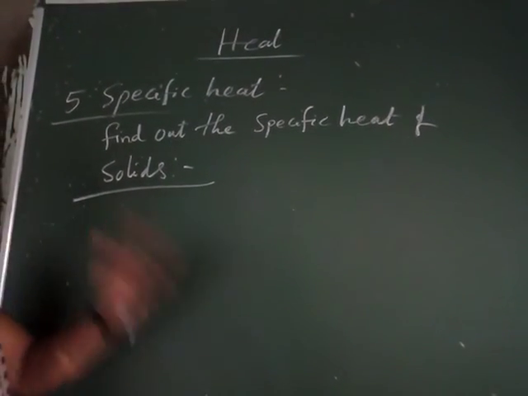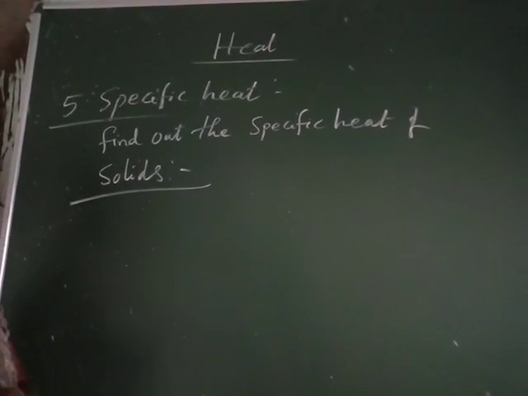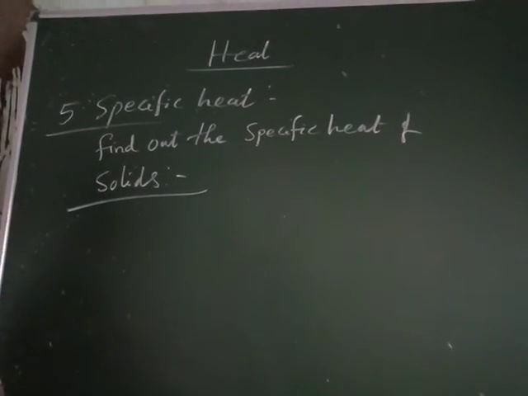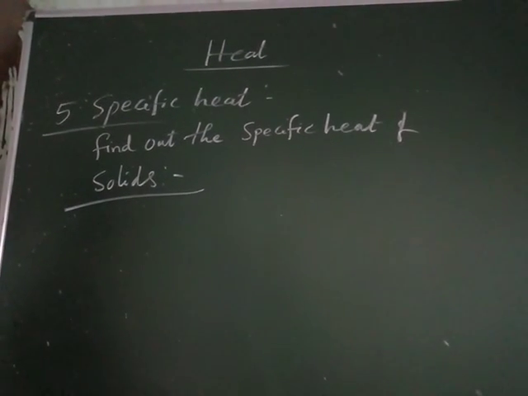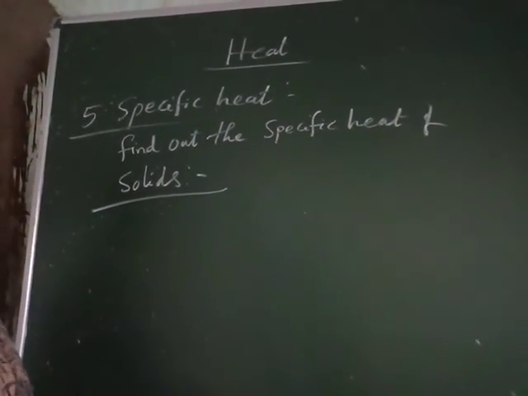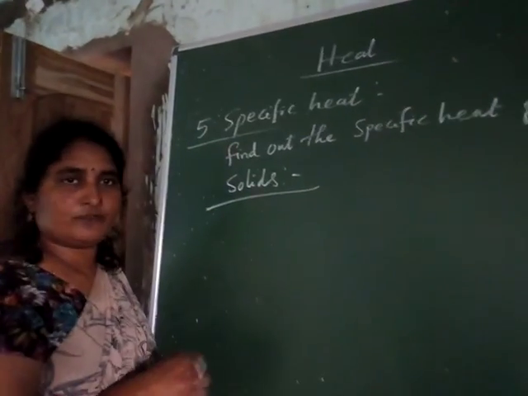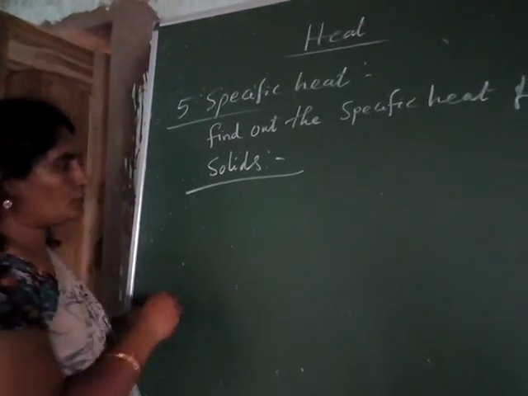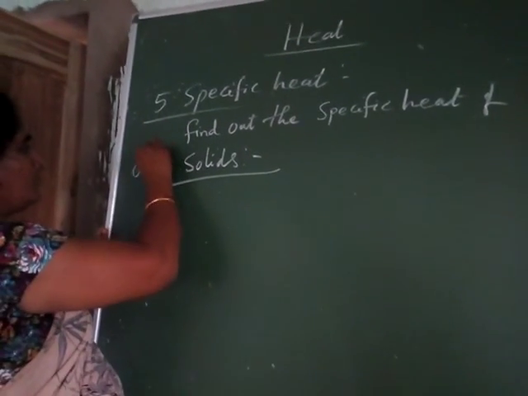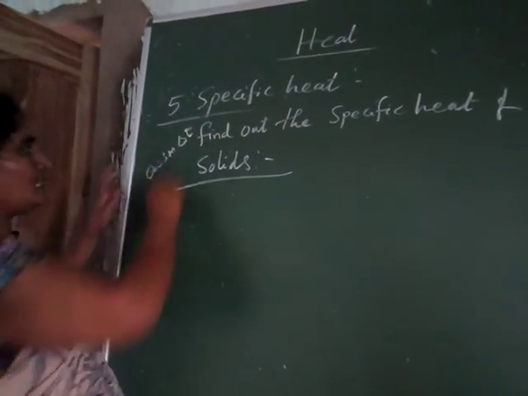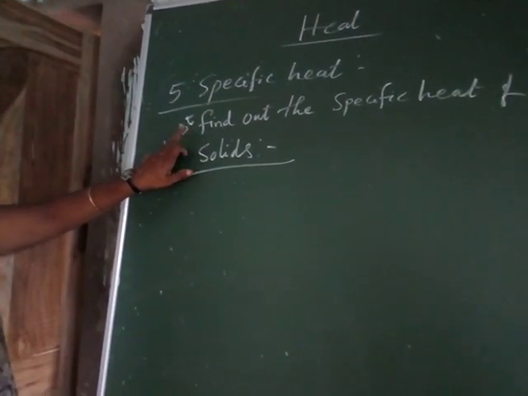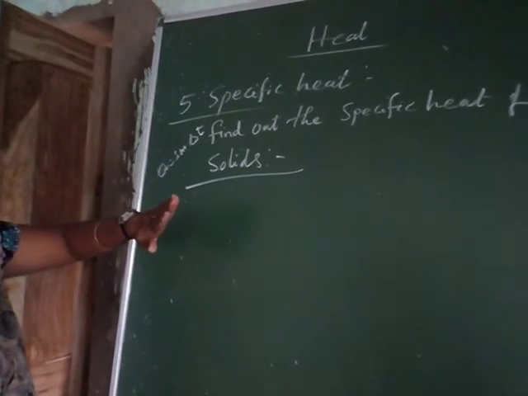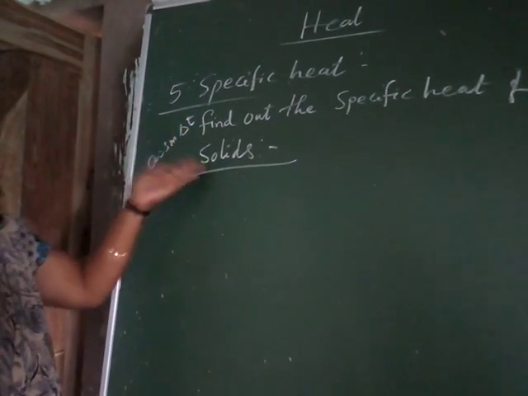If you want to find the specific heat of a liquid, you can keep a thermometer in it and find the temperature of the liquid, because the thermometer reading shows the temperature of the liquid. Then we can substitute Q is equal to S M delta T. Initial and final temperatures can be found, so we can find how much heat is required.